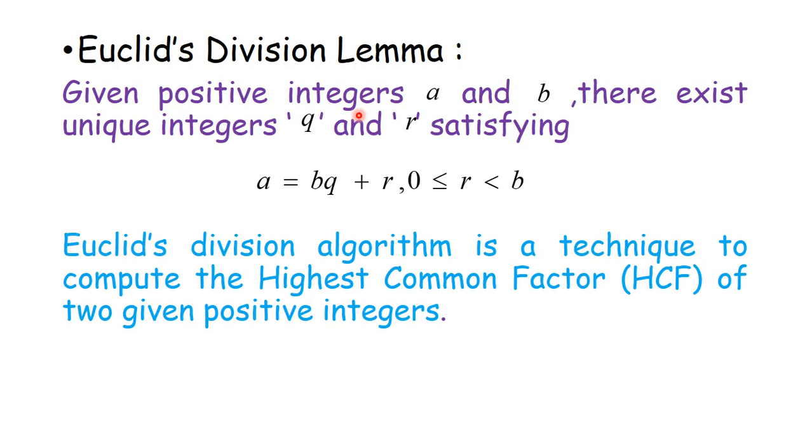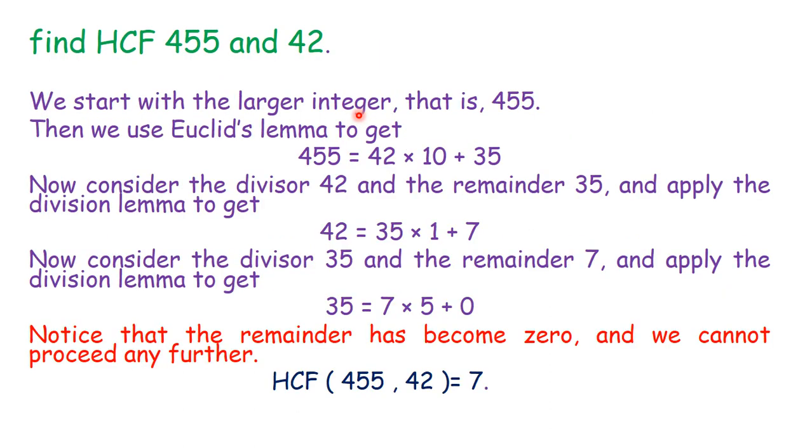Suppose you are finding the HCF of two positive integers a and b. The HCF of a and b is suppose d, that means d is the highest common divisor which divides both a and b. Now we are going to find the HCF by using Euclid's division lemma.